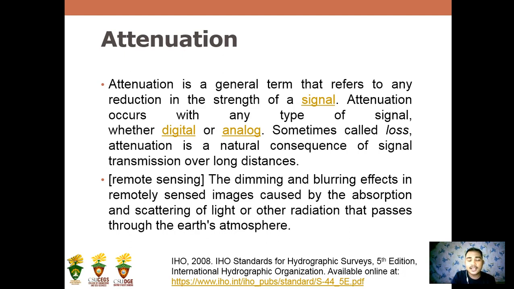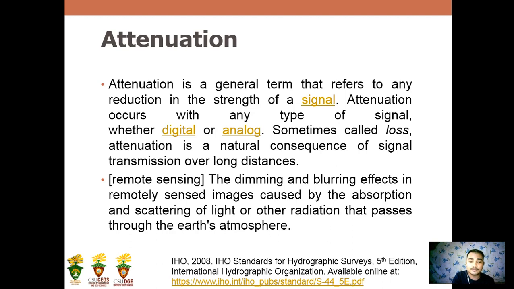It's because as the electromagnetic signals are being emitted from the sensor above, moagi man na siya og atmosphere, may atmospheric errors. So therefore there is a reduction of the strength of signals that is being transmitted from the sensor.